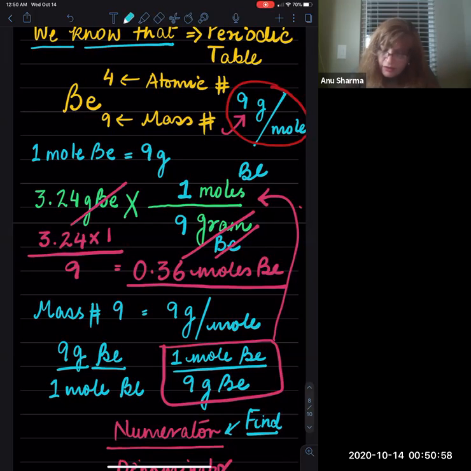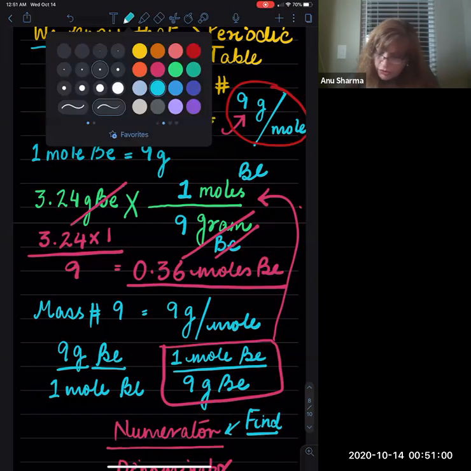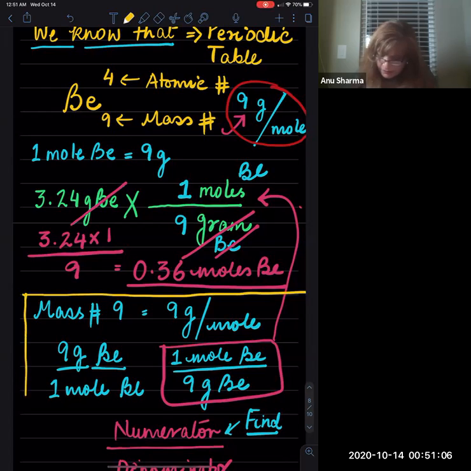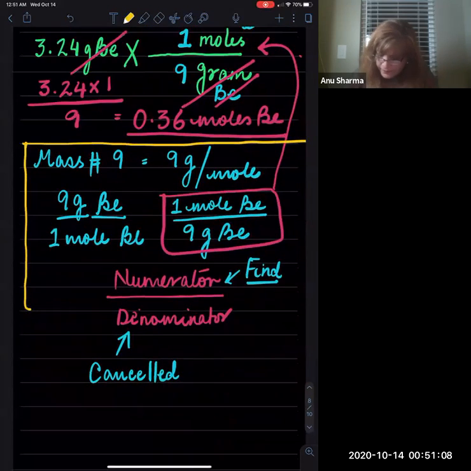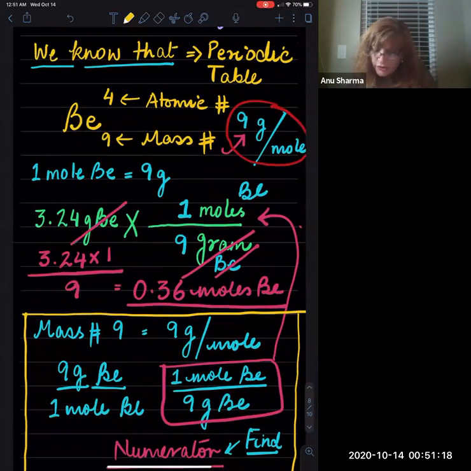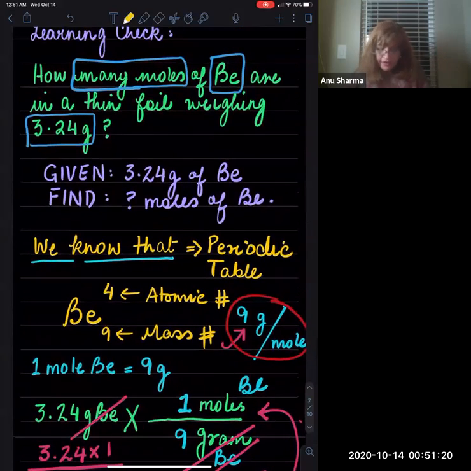Now we are going to look at another example.